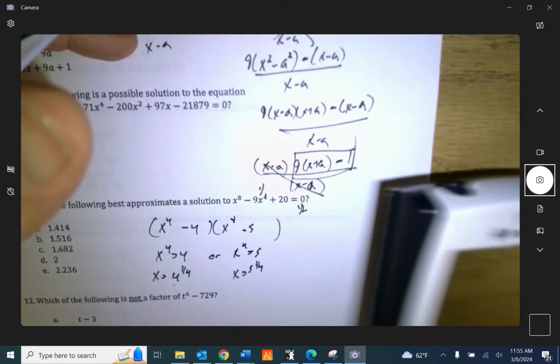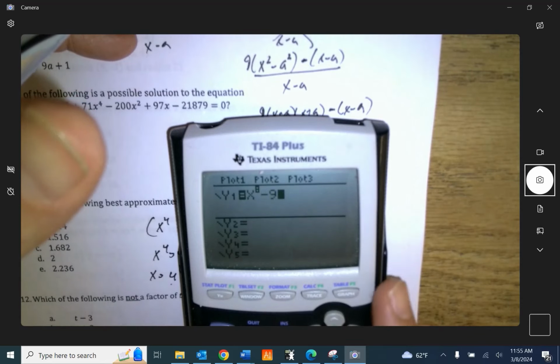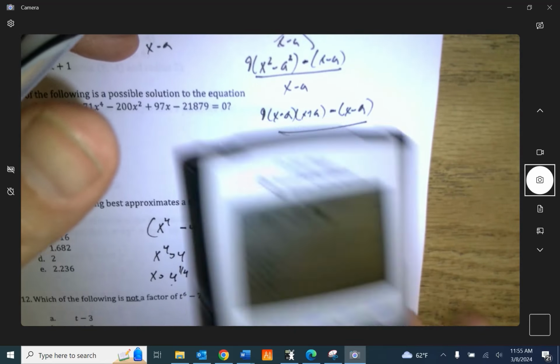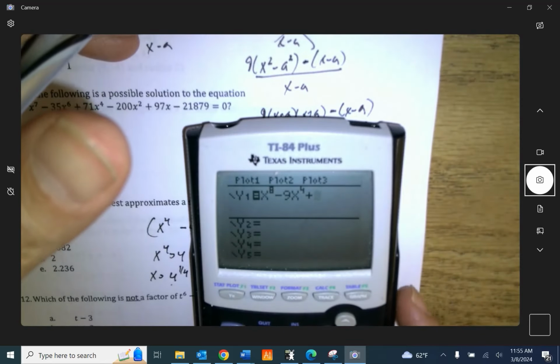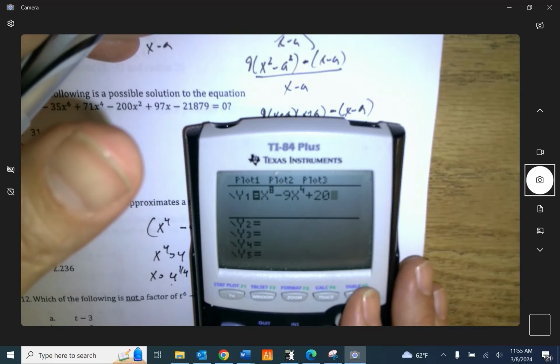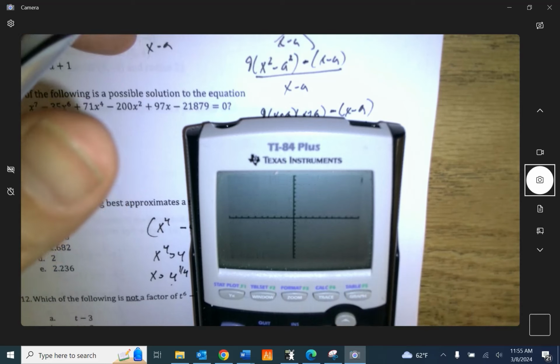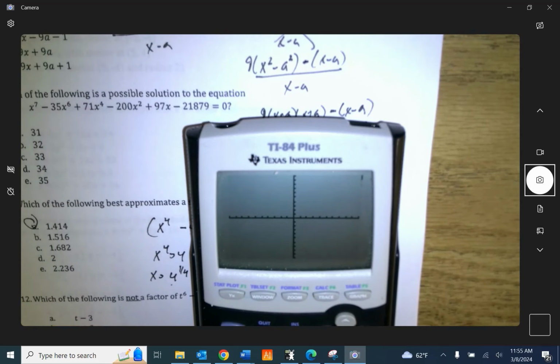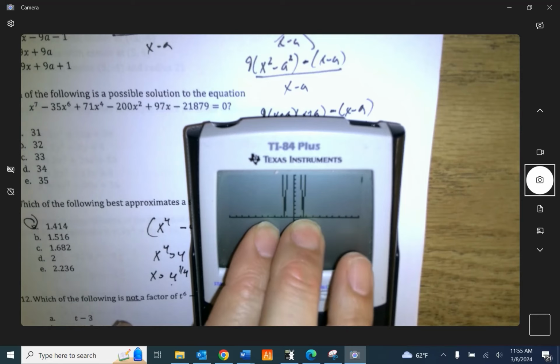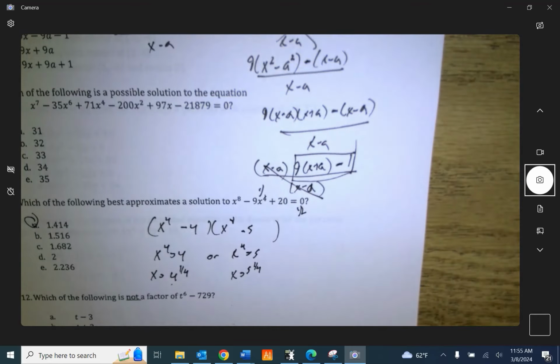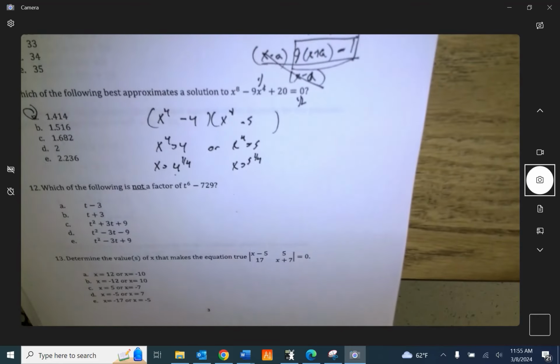A lot of these pre-calc tests are because a lot of teachers don't really, and I know why they don't, but a lot of teachers don't teach kids how to use a graphing calculator. You should. I know we're trying to teach algebra here, but there's your two answers, kids. All right, which of the following is not a factor of t to the 6 minus 729?